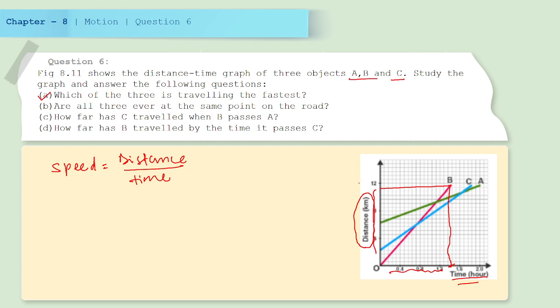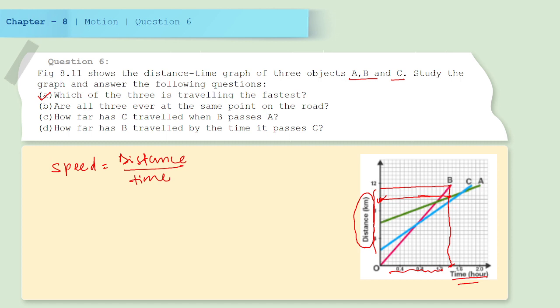Now the distance is approximately 11 kilometers for B, and if I choose this point because it is the intersecting point of object A, the corresponding point will be approximately 10. So approximately 10 kilometers object A has covered for the same time.